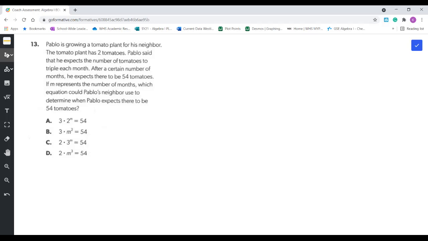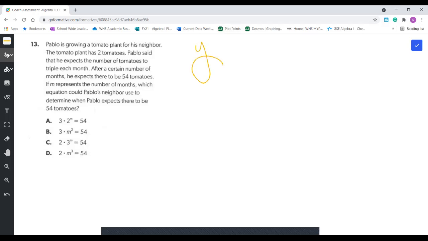All right, the tomato plant has 2 tomatoes. Pablo said that he expects the number of tomatoes to triple each month, and he started out with 2. That's the initial value. Keep in mind the formula for exponential situations: y equals a times b to the n. I can't remember the variables, but you'll get the idea.